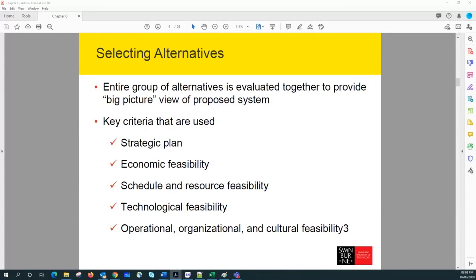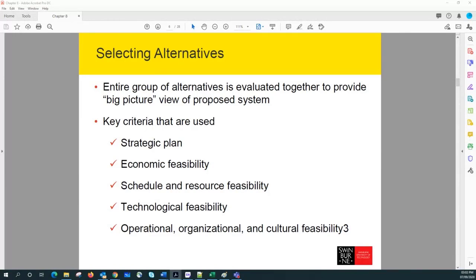And then the next one is technological feasibility. Of course, you can see the technologies nowadays keep updating. So do we have the in-house expertise to develop and implement a system which can go along with this new technological development? That is something that we need to consider. Sometimes we need to hire additional staff or contract with outside resources to obtain the technical expertise for the organization, right?